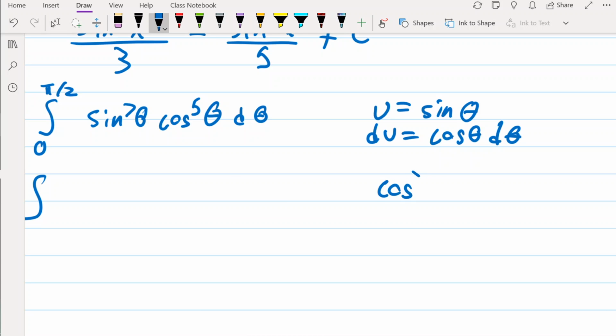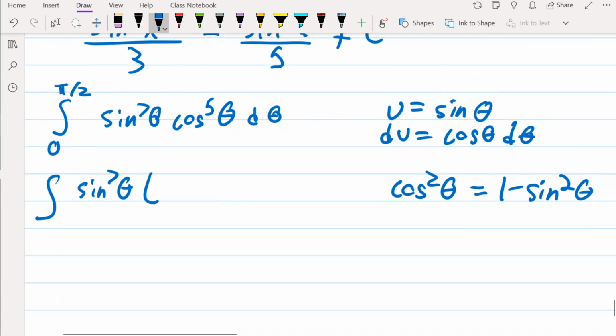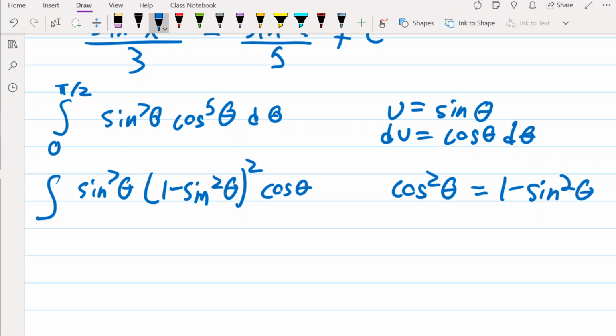So cosine squared theta equals 1 minus sine squared theta. So we're going to get sine of 7 theta times 1 minus sine squared theta, and you can either rewrite it again or you can square it as it's multiplying it by itself, times cosine theta d theta.